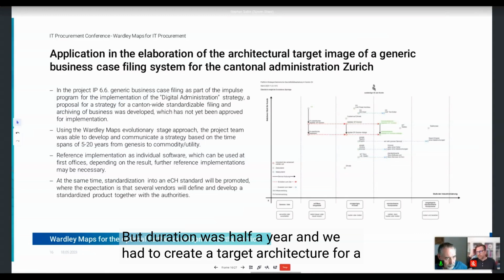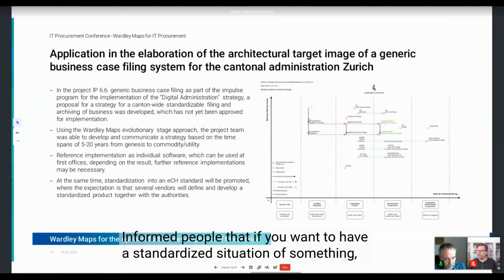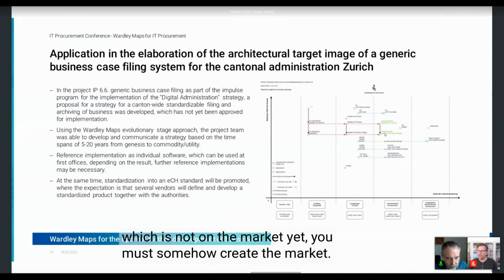And we had to create a target architecture for a generic business case filing system. And finally, we made this Wardley Maps to inform the people that if you want to have a standardized situation of something which is not on the market yet, you must somehow create the market.